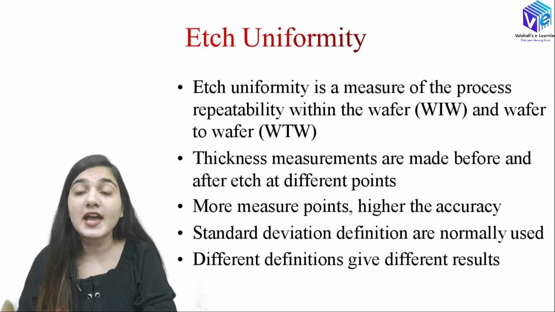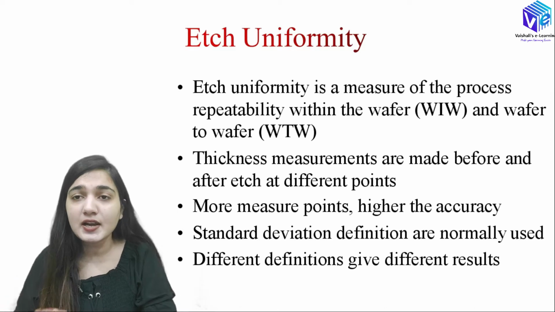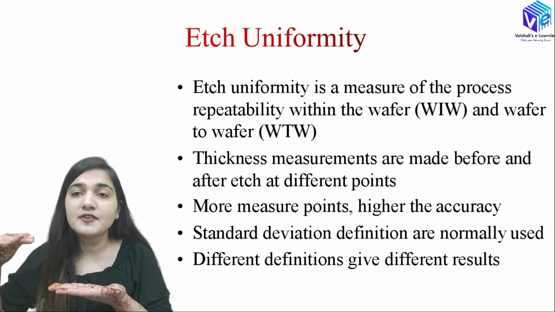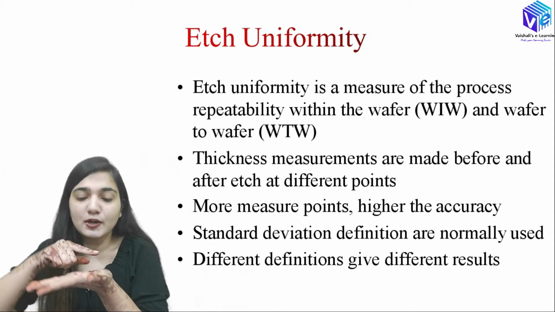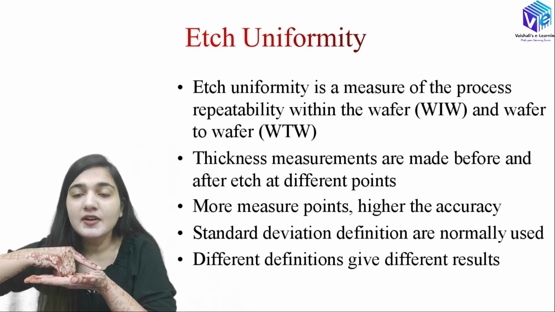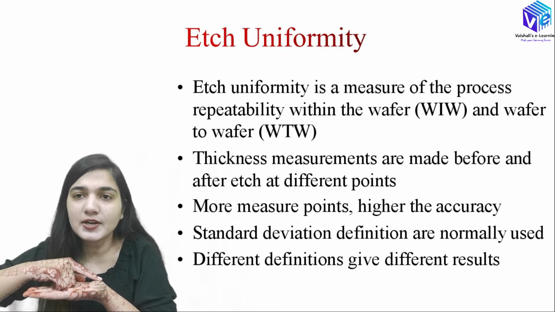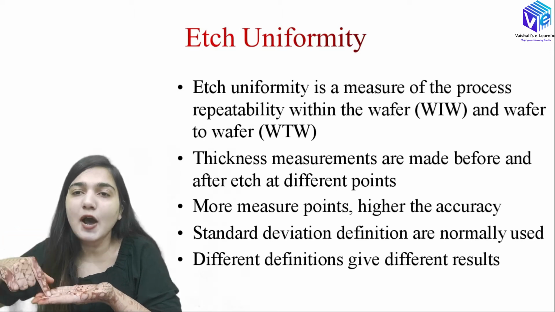Now coming to the etch uniformity. If I am using any etchant to remove a material, this material should be removed from all of the surface with perfect uniformity. Let's suppose this is the surface. At this point, if the depth is, let's suppose, 1000 angstrom, then at this point also the depth should be 1000 angstrom.